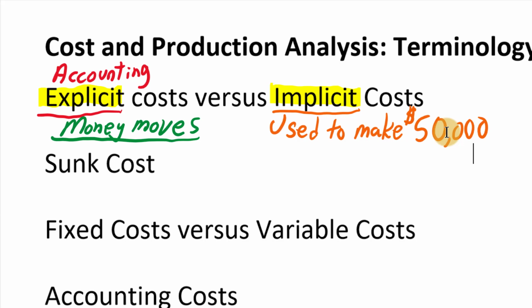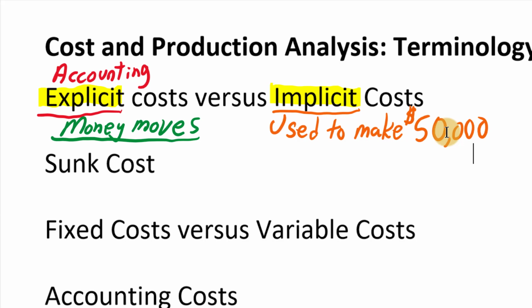Well, you could have taken that family farm and sold it, say for $1 million, and you invest that $1 million. The expected amount of return and interest and profits or whatever that you could get investing the money would be an implicit cost. You could, instead of selling the farm, rent the farm out to someone else. Then the implicit cost would be the money you could have made renting the farm out to someone else.